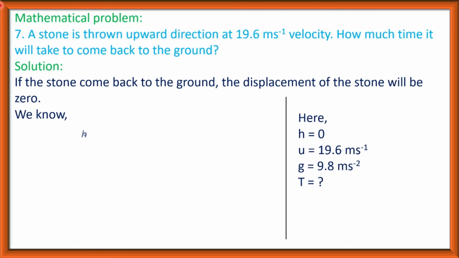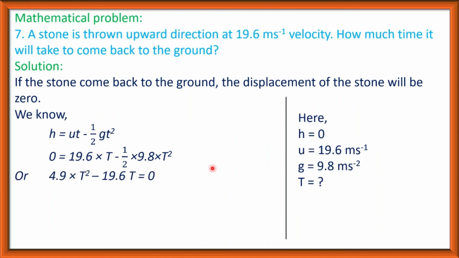We know s is equal to ut minus half g t square, or s is equal to 0 is equal to u, initial velocity 19.6, into total time t minus half g, that means 9.8, into t square. Or 4.9 t square minus 19.6 t is equal to 0.